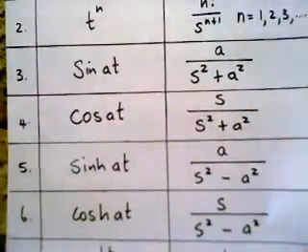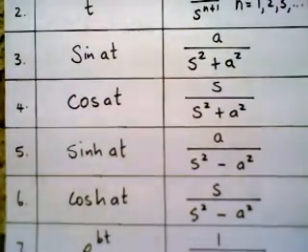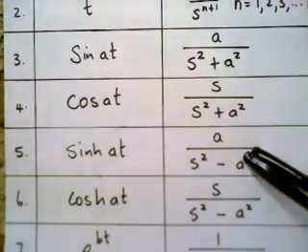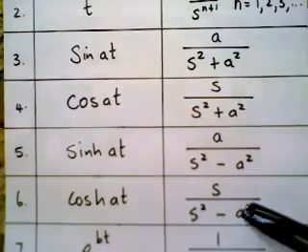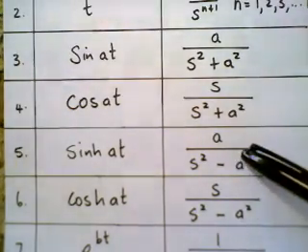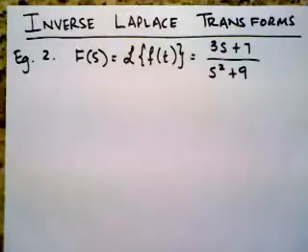If you look at all the s squared entries, and you've got quite a few of them here, you've got s squared plus a squared, s squared plus a squared, s squared minus a squared, s squared minus a squared. So numbers 5 and 6 are not going to apply because of the minus sign, because your example has a plus sign in between.